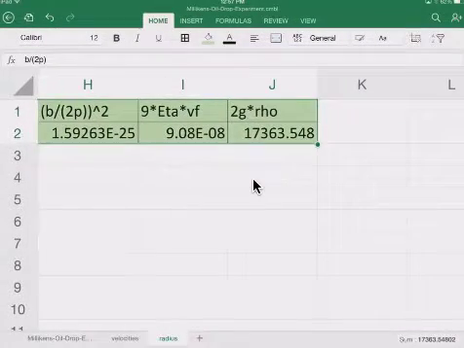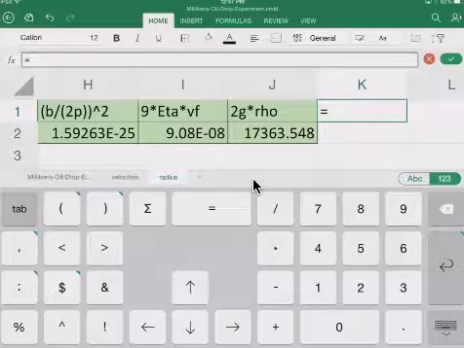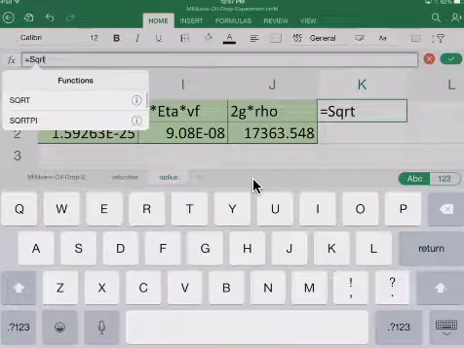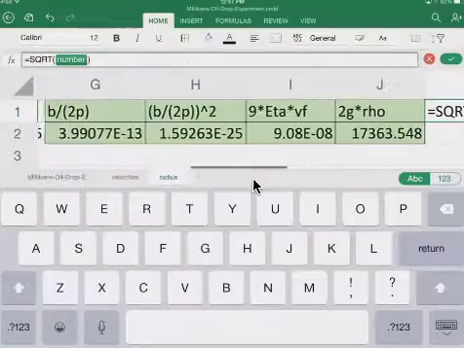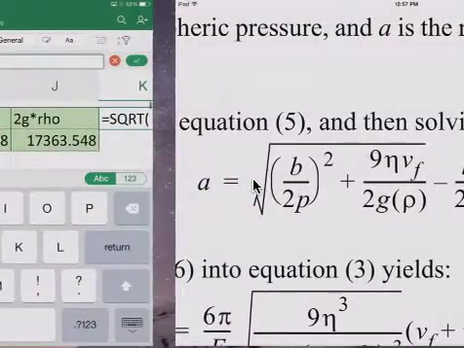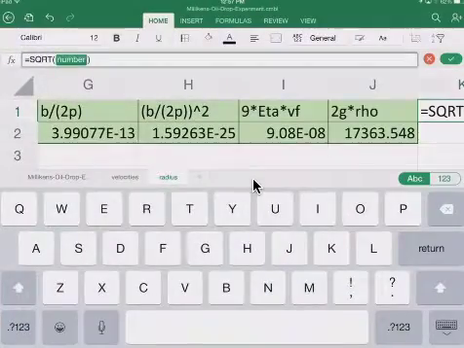So now we can actually calculate our radius. And the radius is just going to equal the square root, SQRT, of, remember, we have b over 2p squared. So our b over 2p squared is right here.